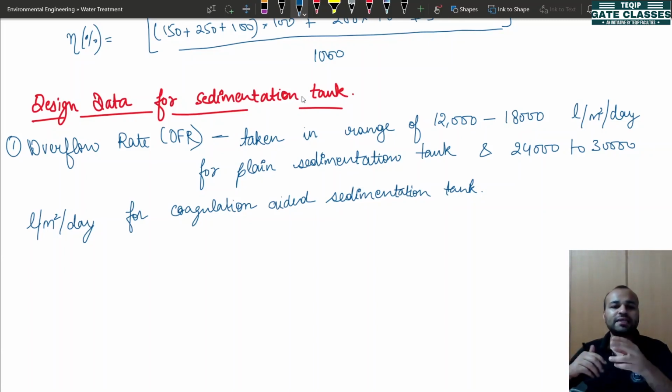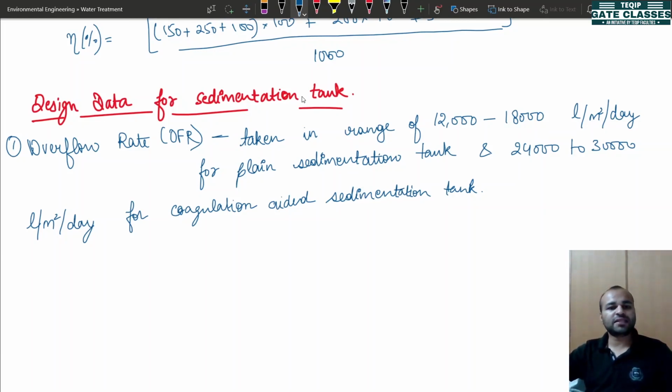So in the case when coagulation is also done in the sedimentation process, then the value of OFR varies between 24,000 to 30,000 liter per meter square per day.